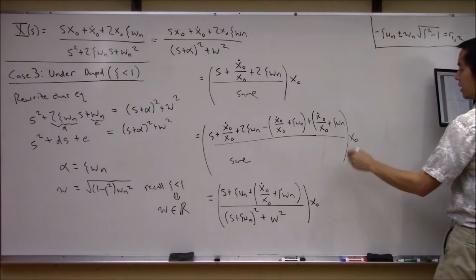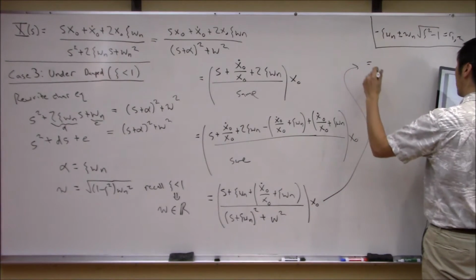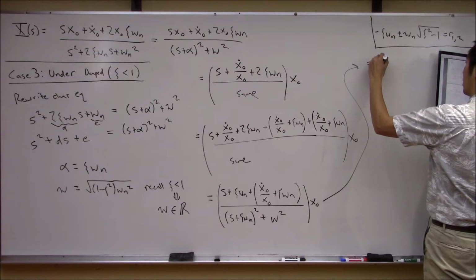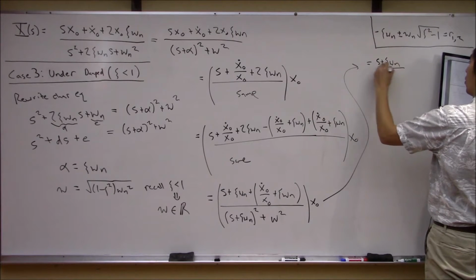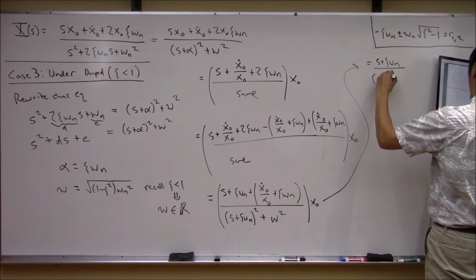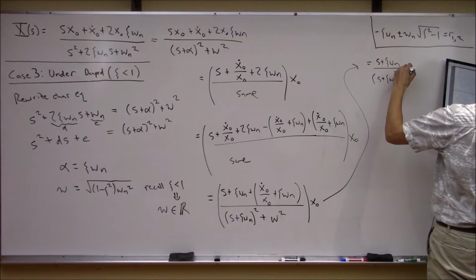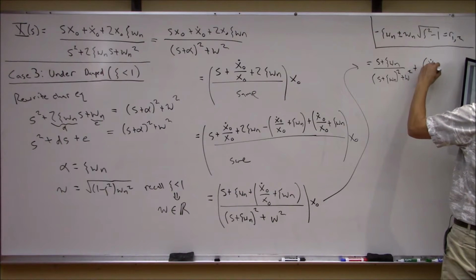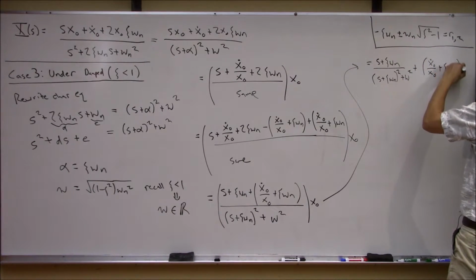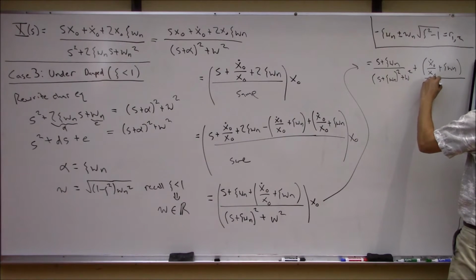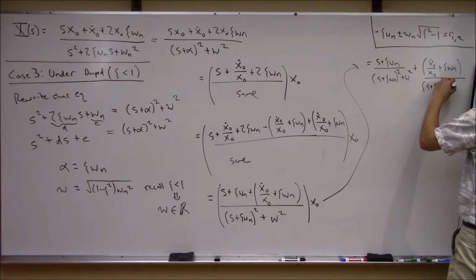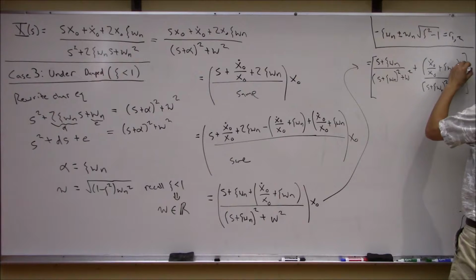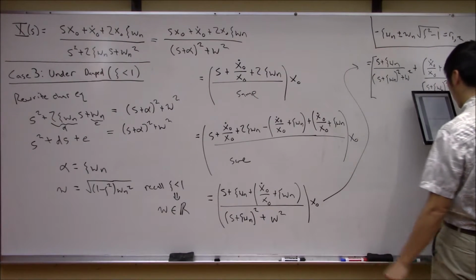You can get this to look like s plus zeta omega n all over s plus zeta omega n squared plus omega squared, plus x dot 0 all over x0 plus zeta omega n all over s plus zeta omega n squared plus omega squared. And all of this is multiplied by x0, right? We still have this x0 hanging around.